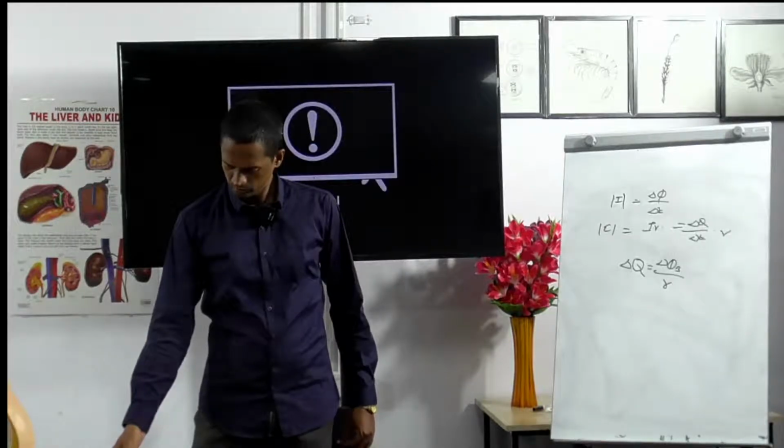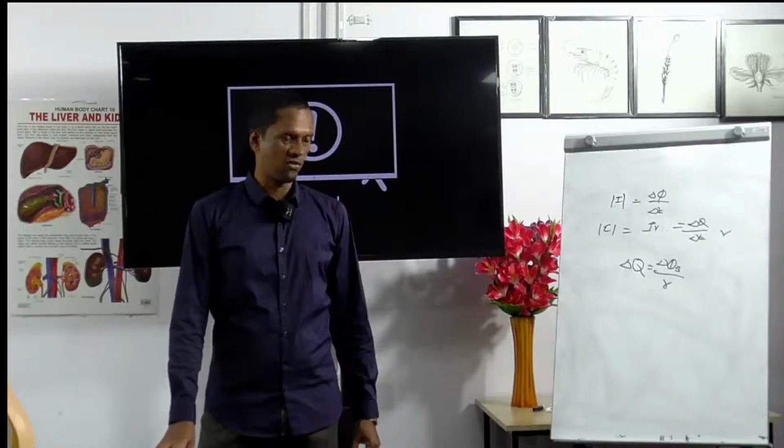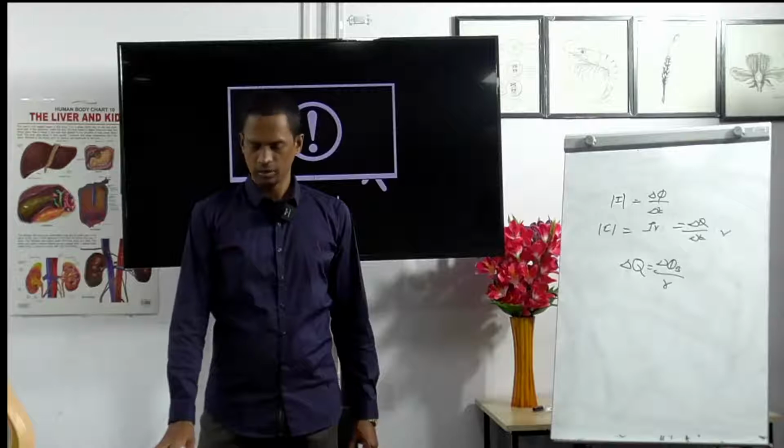Del Q is the charge. Total charge is equal to the rate of change of flux divided by R.